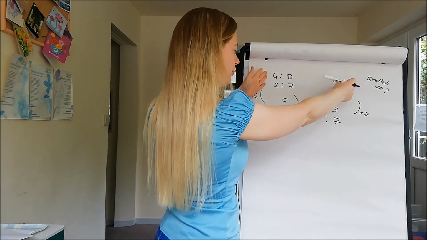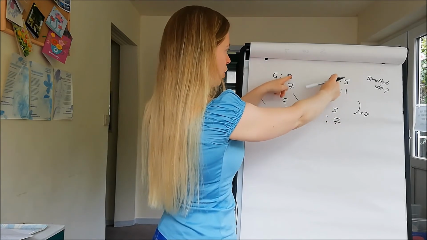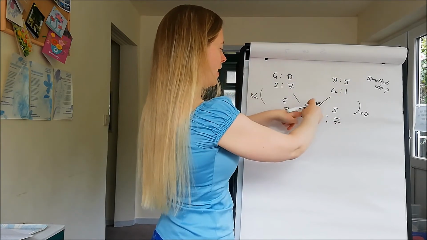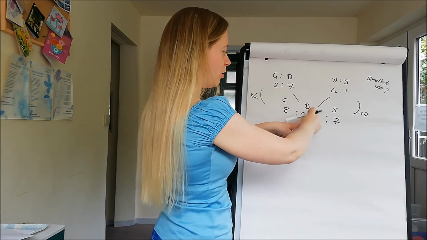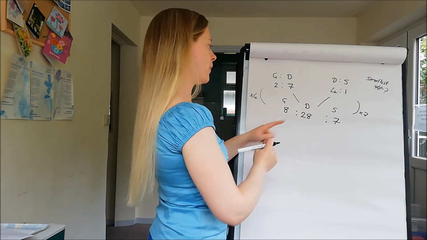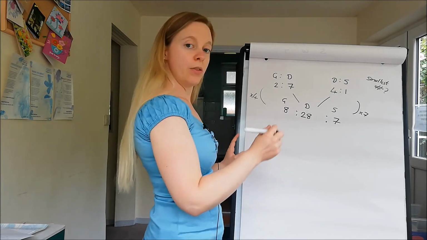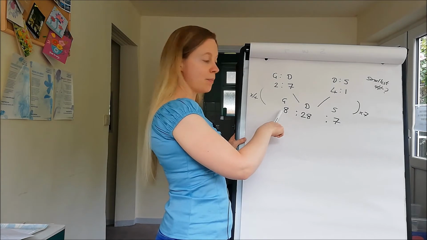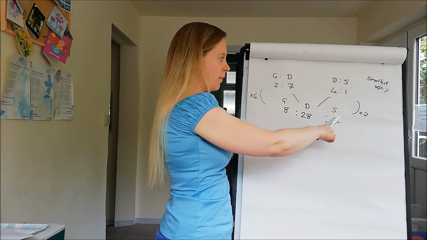So I've brought two ratios into one three-way ratio with my common thing, ducks, going in the middle, and a lowest common multiple going in the middle as well. That then tells me that there's 8 parts geese, 28 parts duck, and 7 parts swan.